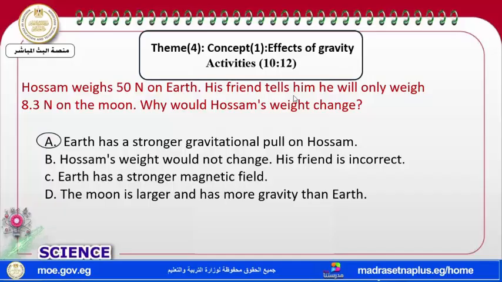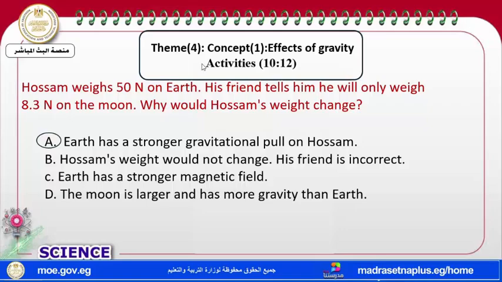His friend tells him he will only weigh 8.3 Newton on the moon. Why would Husam's weight change? It is because Earth has a stronger gravity pull on Husam.